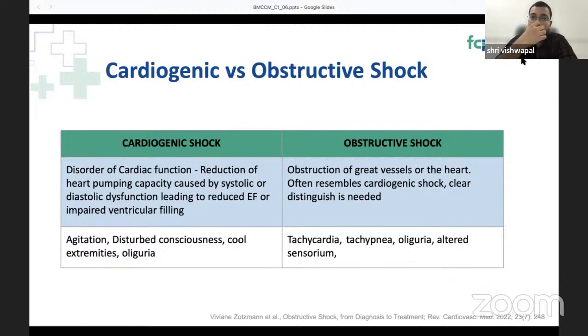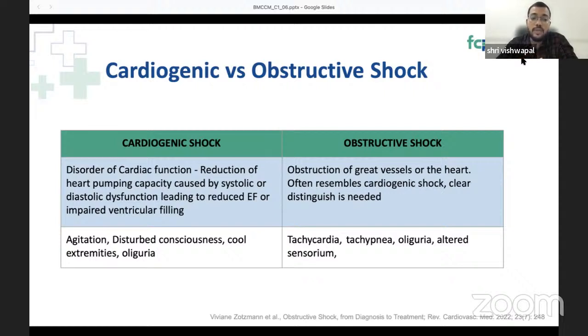But if the problem for you arises from another person, from an external source, that is obstructive shock. Cardiogenic shock is confined only to the myocardium or cardiovascular system. But obstructive shock is where an external force is applied to the heart and alters cardiac function.